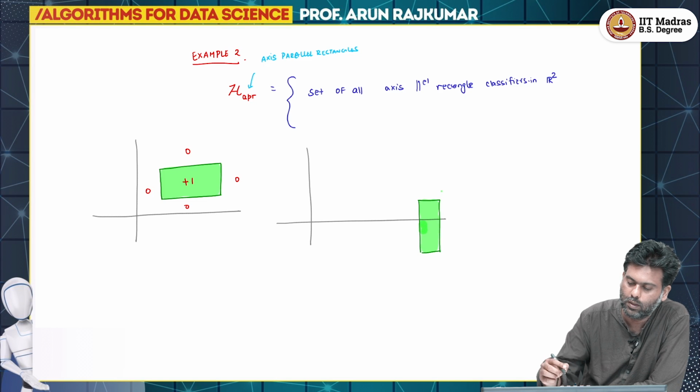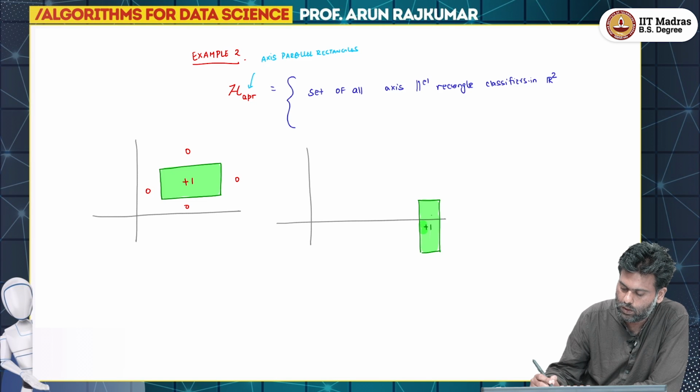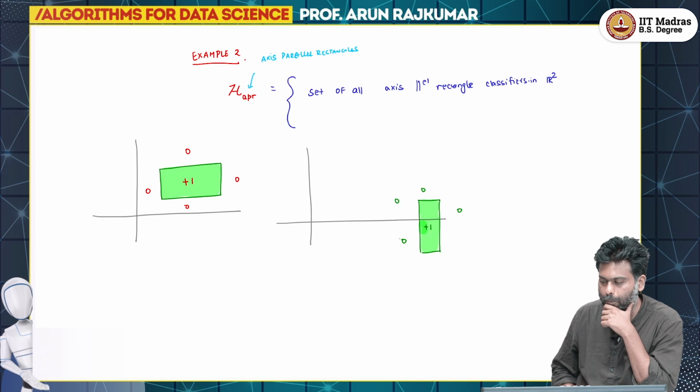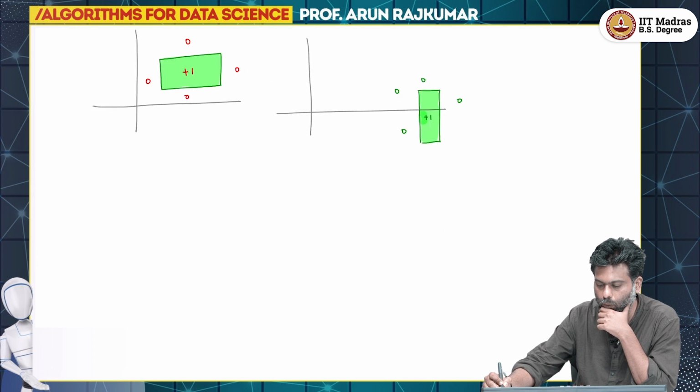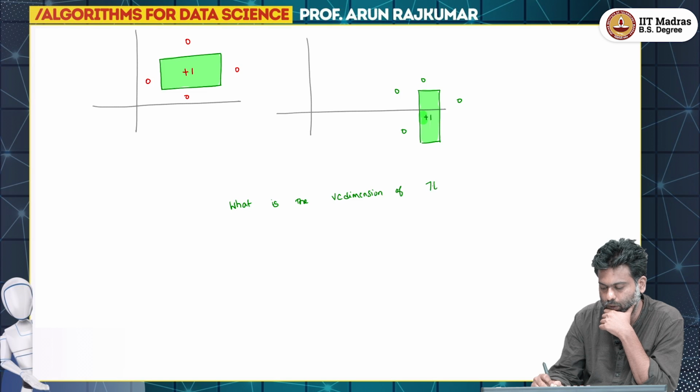So, this is going to say plus 1 inside, 0 elsewhere, and so on, right. So, you have every axis parallel rectangle. Now, the question is what is the VC dimension of H APR?